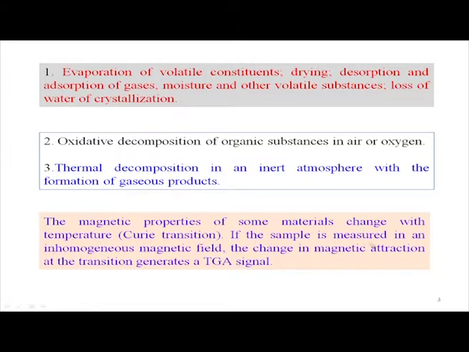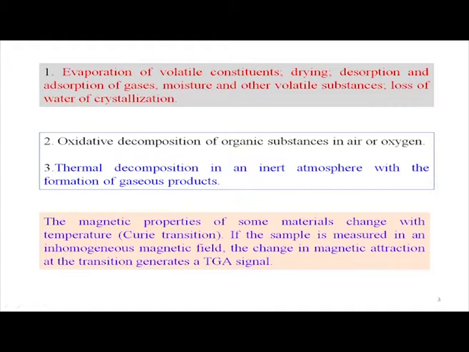And one more interesting property of this TGA measurement, because we are talking about all these in relation to the TGA measurement, and we have introduced the corresponding thermobalance. So, how can we monitor the magnetic properties?